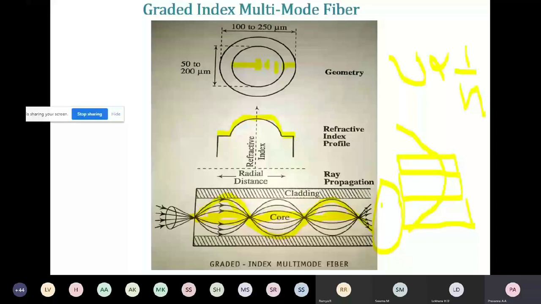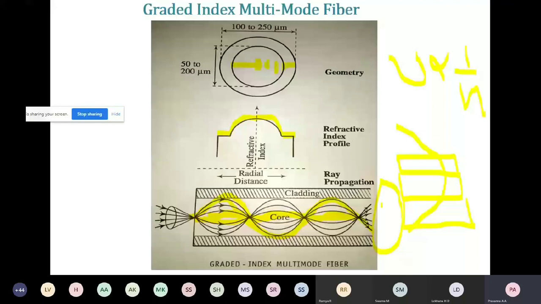Since the intermodal dispersion can never be completely eliminated, this optical fiber is used mostly for intermediate distance communications. For very long distance communication, for example between two countries or between two cities like Delhi and Bangalore, where the distance is around 2000 km, single mode optical fiber is essential, because there should not be any intermodal dispersion.